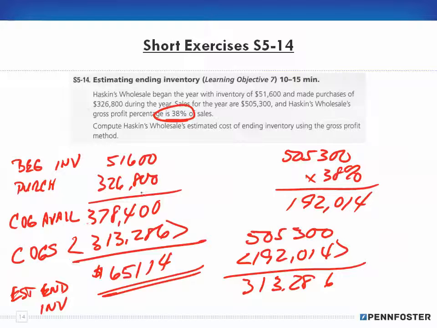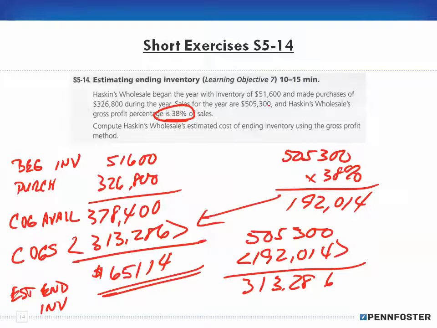Realize that this problem is no different than our other problems that we had studied earlier in Chapter 4, I believe it was. We start out with the beginning inventory, add in our purchases to find out what's available, and then the major difference is we now have to calculate our estimated cost of goods sold.